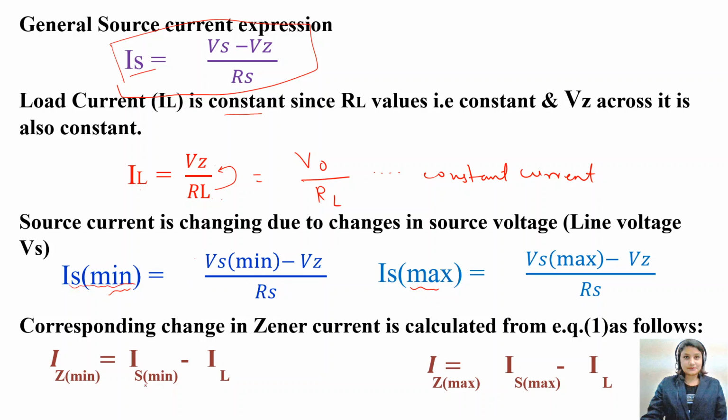In the same way, this equation 2 will get modified if I put the maximum value of source voltage: Vs max minus Vz upon Rs, so here it will be your Is max.